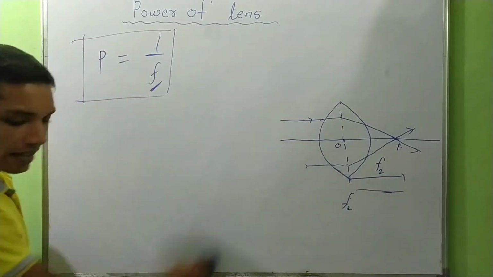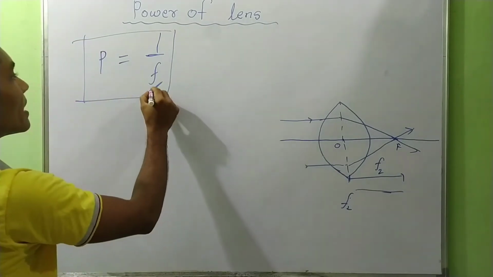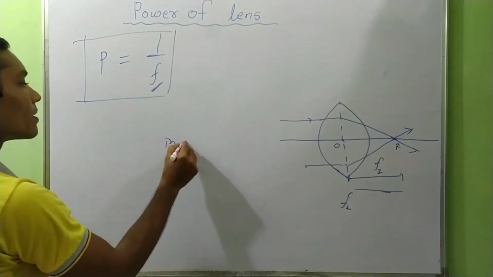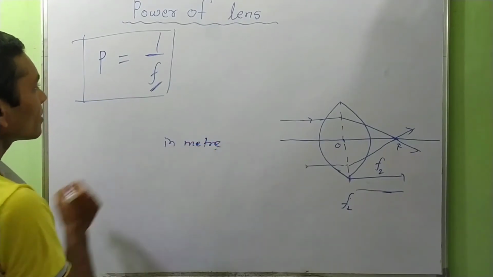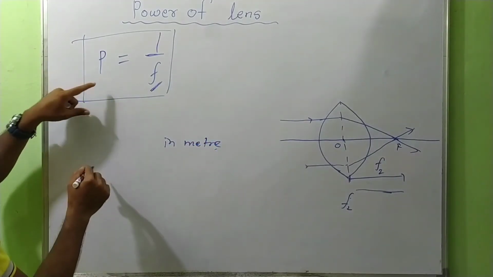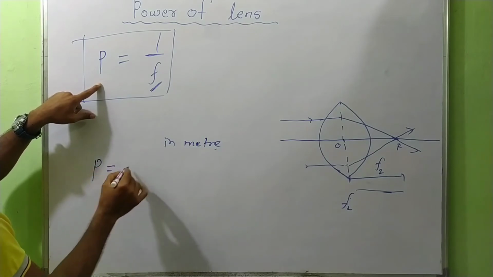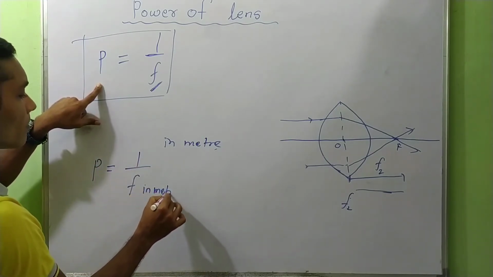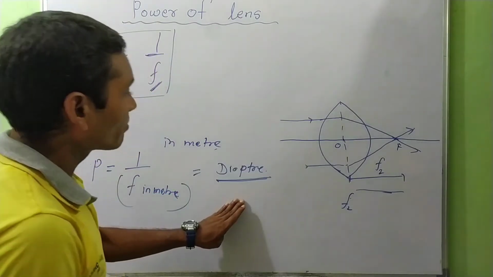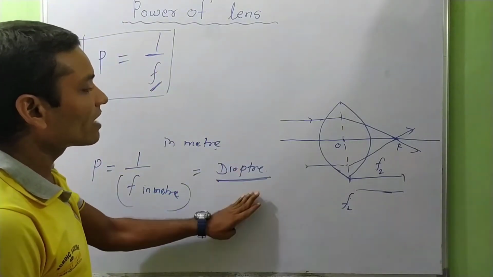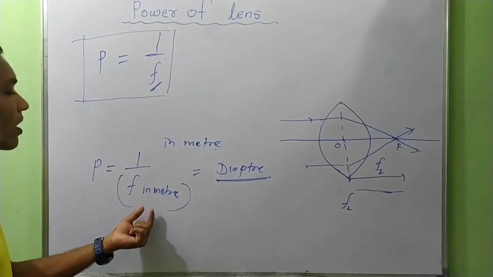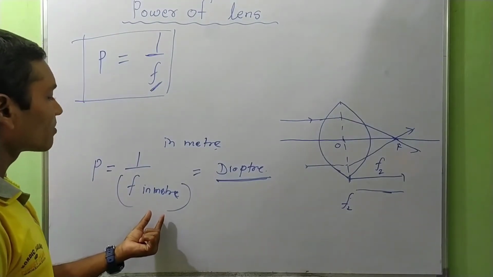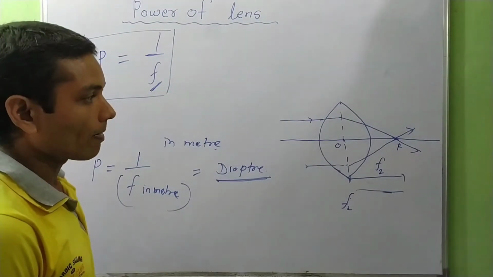If the focal length of lens is measured in meter, then the power of lens P will be 1 upon F in meter. The SI unit of the power of lens is diopter if the focal length of that lens is measured in meter.